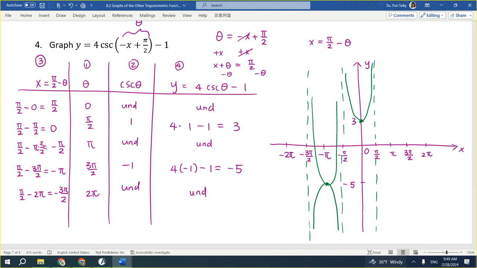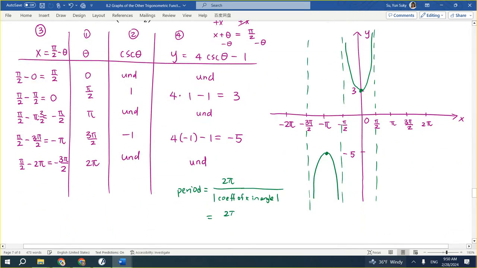Okay? Don't draw something like this. No. You find the higher point, flip it up. Find the lower point, flip it down. Finally, what's the period? It's 2 pi over, what's the coefficient of x? Here, the coefficient is negative, so you take the absolute value of that.